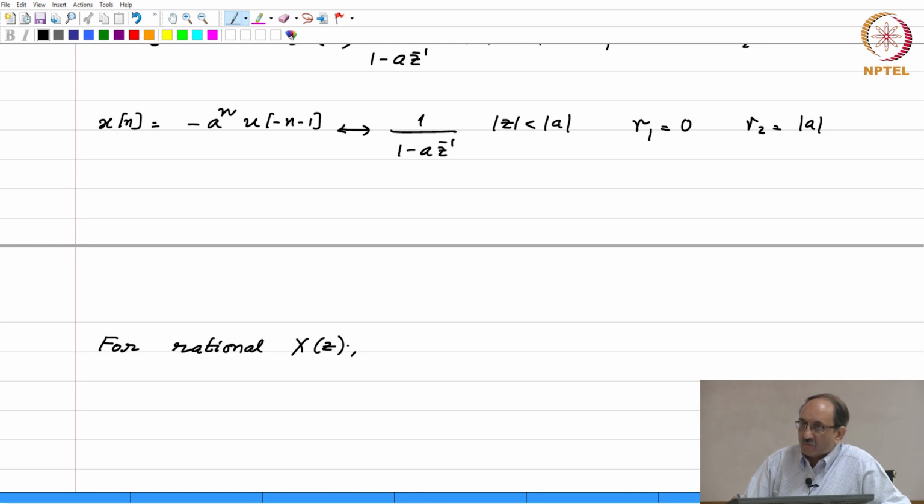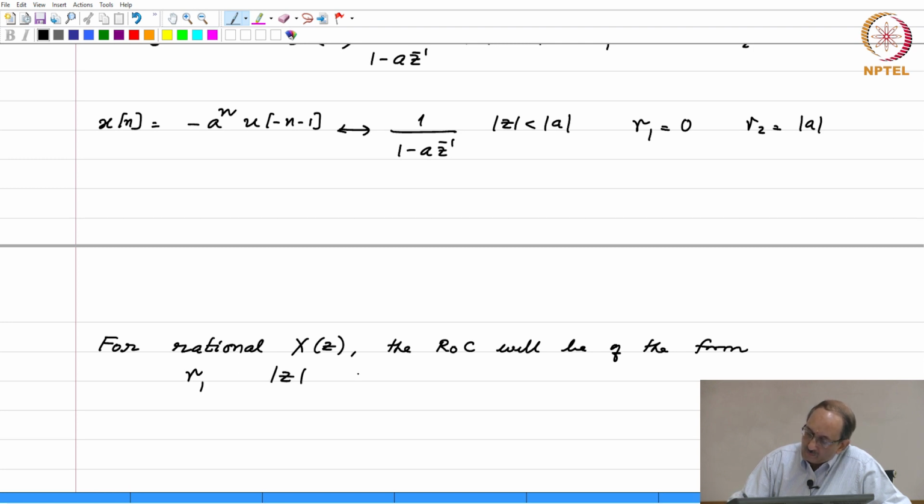For rational x of z, the ROC will be of the form R1 strictly less than mod z, strictly less than R2.